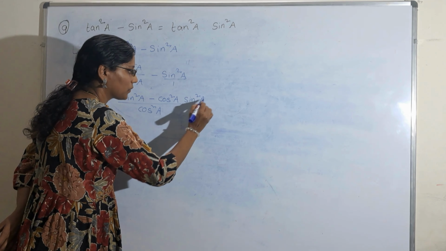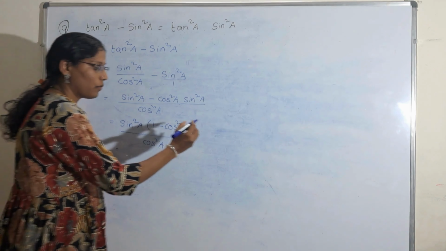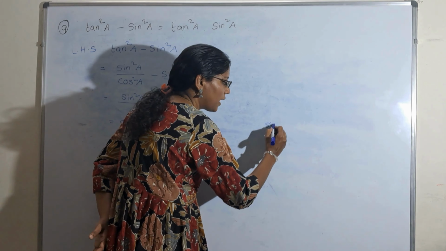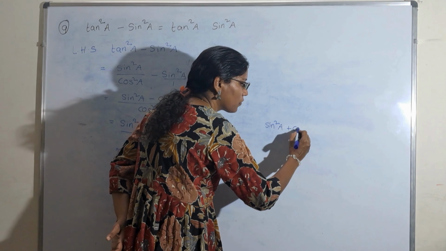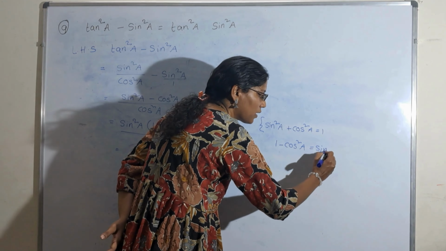Sin square A. Sin square A of 1 minus cos square A by cos square A. Here 1 minus cos square A, what we have to write? We have the identity sin square A plus cos square A is equal to 1. Here 1 minus cos square A is equal to sin square A.